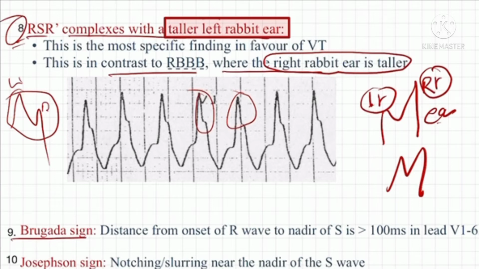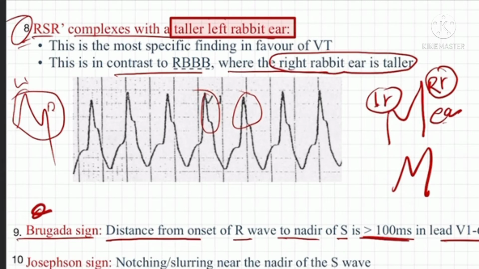The 9th point is Brugada's sign. Brugada's sign is very important, and also Josephson sign. In the Brugada sign, the distance from the start of the R wave to the nadir of the S is more than 100 milliseconds, seen in any lead from V1 to V6. Nadir means the deepest point of the S wave. This is the RS interval.